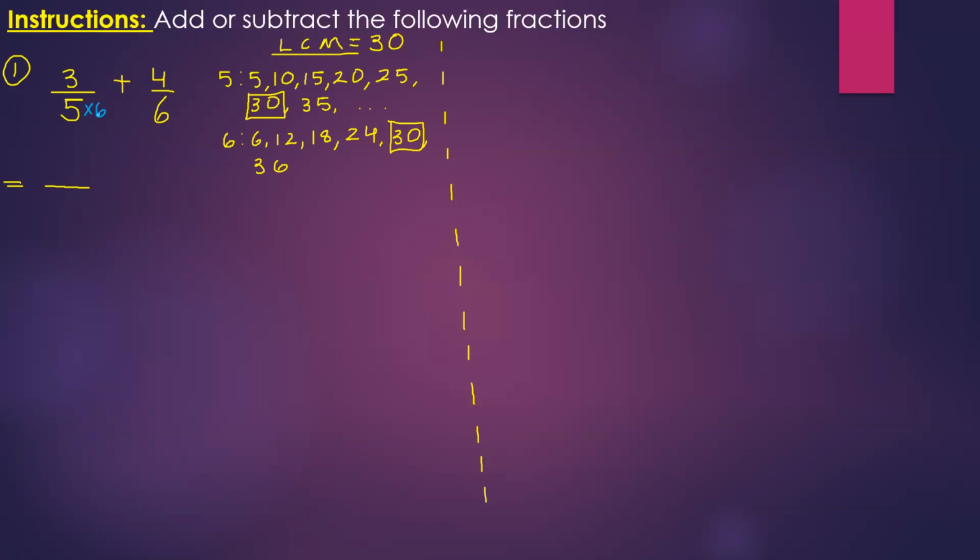Also, Darnik, whatever we do to the bottom, we do to the top. So what times 6 gives me 30? 5. Very good. Whatever we do to the bottom, we must do to the top.